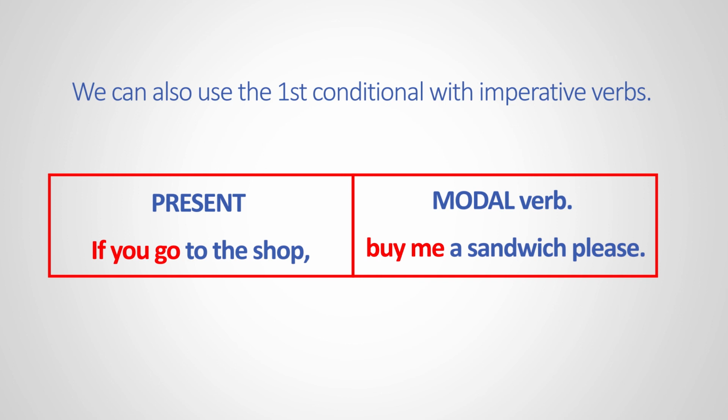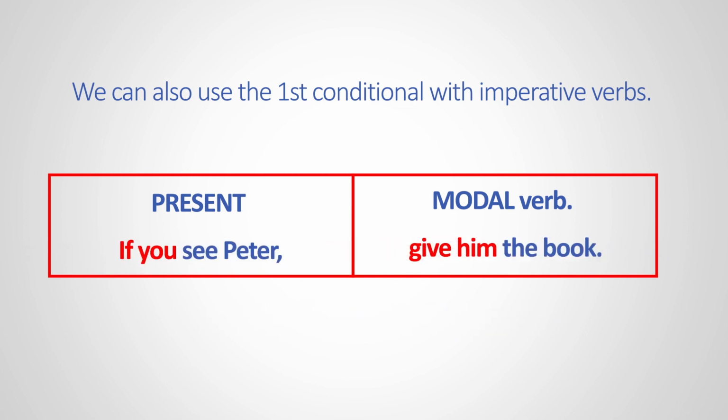If you go to the shop, buy me a sandwich, please. Buy is an imperative verb. If you see Peter, give him the book. Give is an imperative verb.